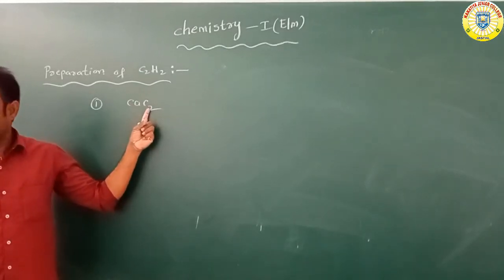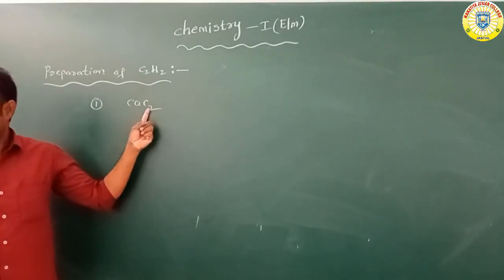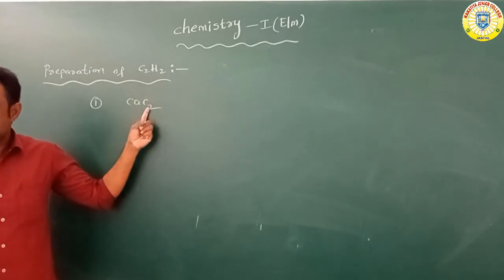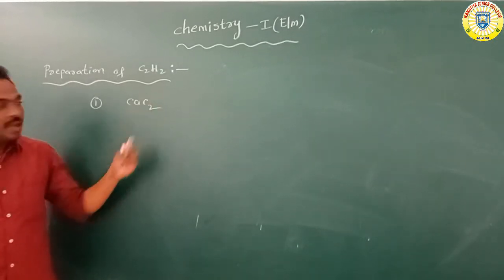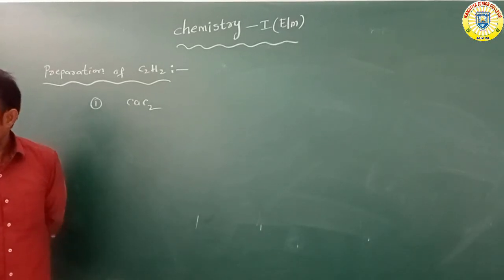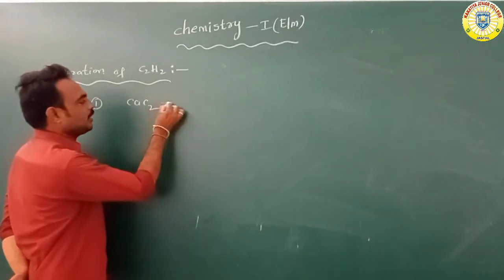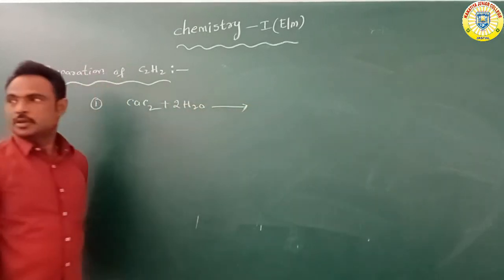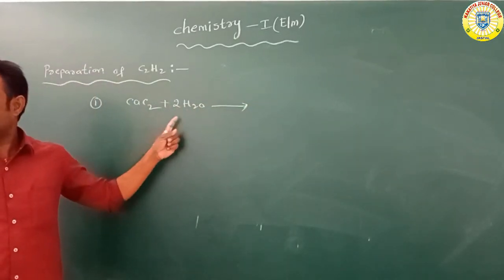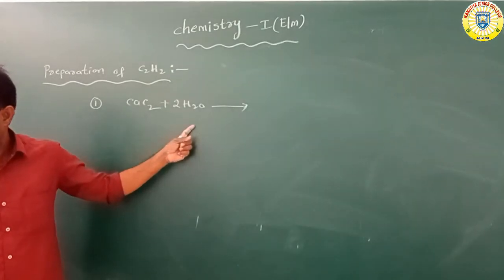Calcium carbide. What is the formula of calcium carbide? CaC2. When this calcium carbide reacts with the water molecules.